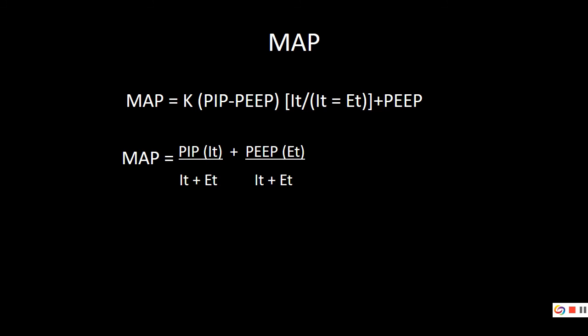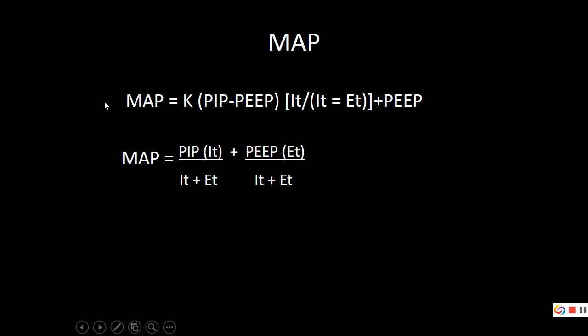Mathematically, sometimes when I give this talk, I make people do the math. I'm going to save you that pain. But there is this mean airway pressure equation, and this K is a constant, which I don't remember the number for. The equation is that constant times your peak inspiratory pressure minus your PEEP times your inspiratory time divided by your inspiratory time.